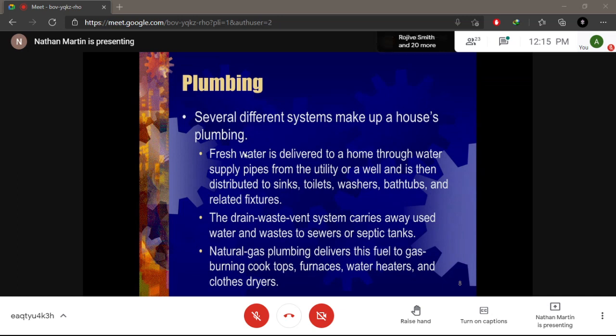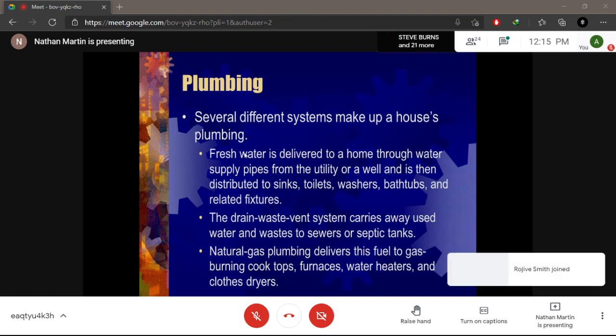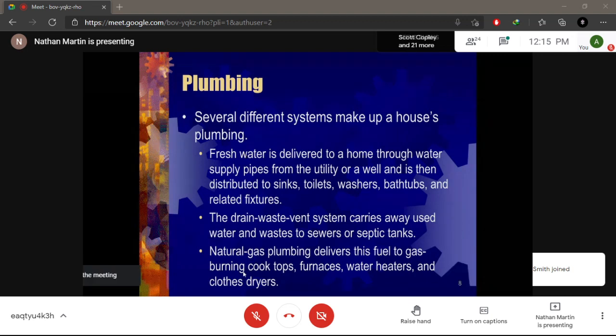All right, natural gas plumbing delivers the fuel to gas burning cooktops, furnaces, water heaters, and clothes dryers, right? So these might be ways how you utilize it. Now, in terms of clothes drying, this is really on an industrial scale where you have your large laundry facilities, where you use a lot of drying using gas.